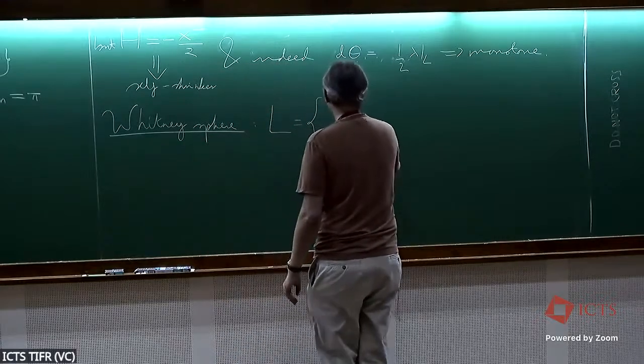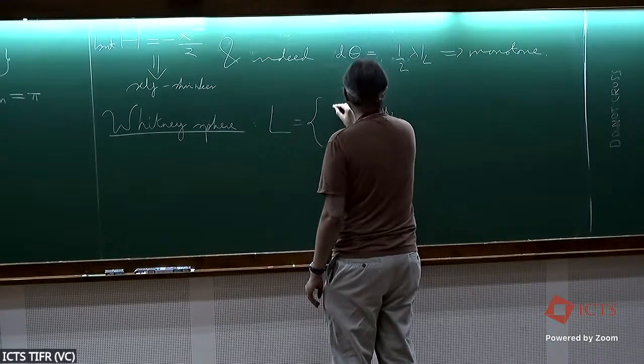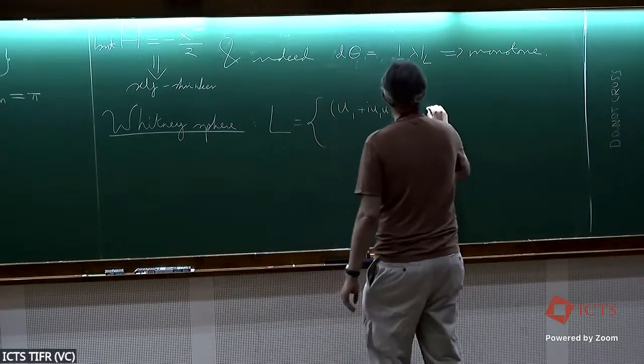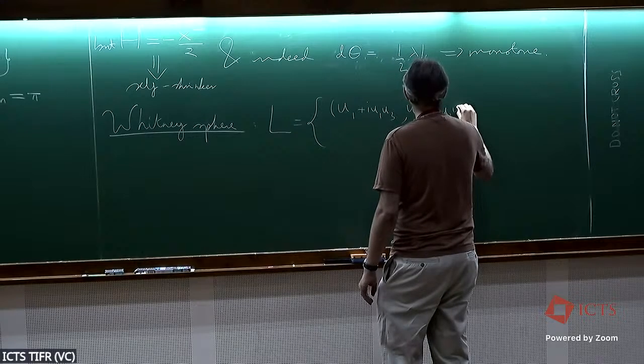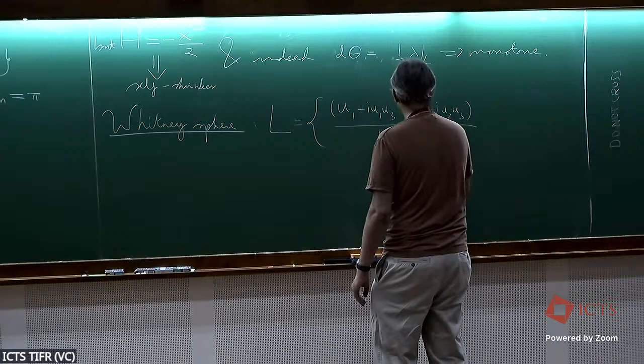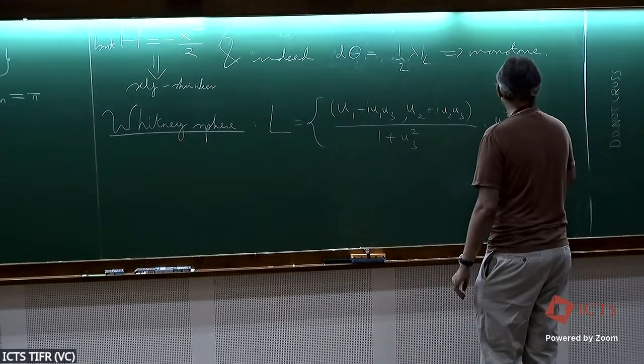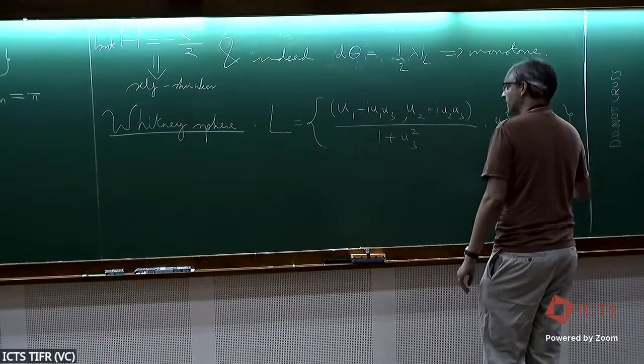It's going to be the set of (u1 + i u1 u3, u2 + i u2 u3) all over 1 plus u3 squared, where u1 squared plus u2 squared plus u3 squared, these are all real numbers, and they add up to 1.